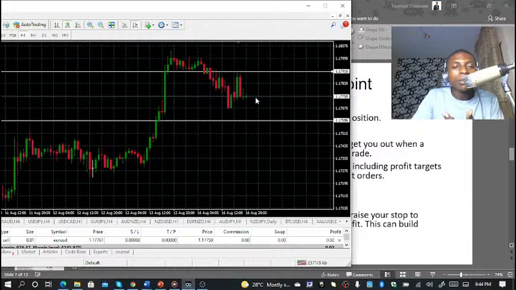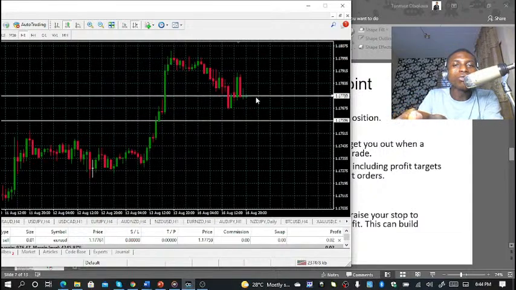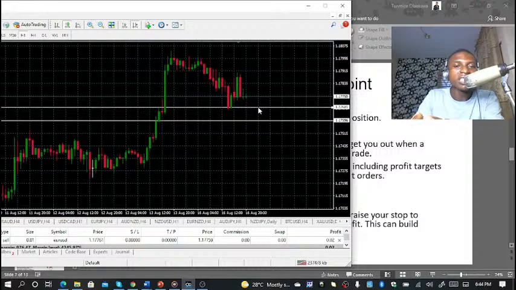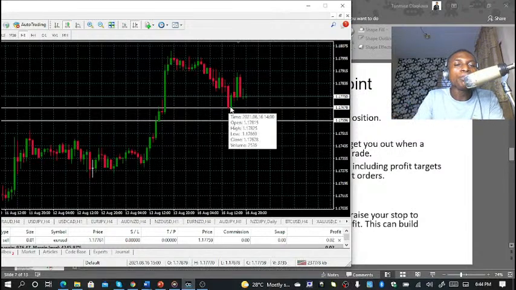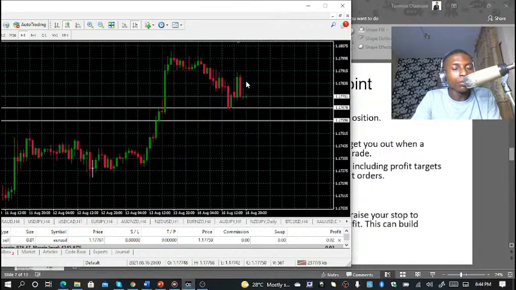So when the trade goes in profit, we now move our stop loss from 1.17910 down to this level, 1.17678.